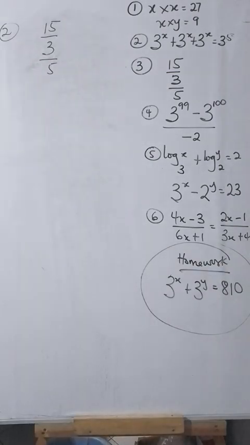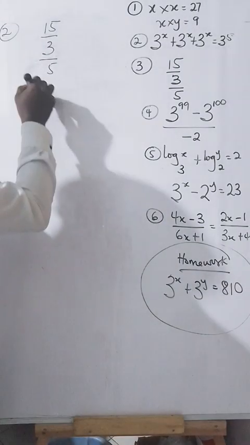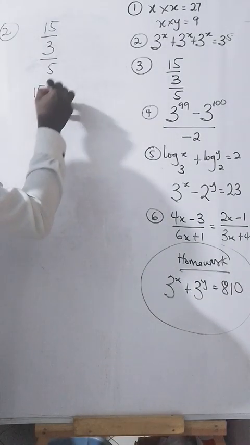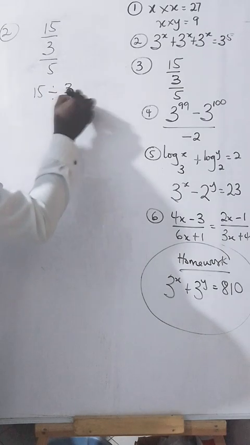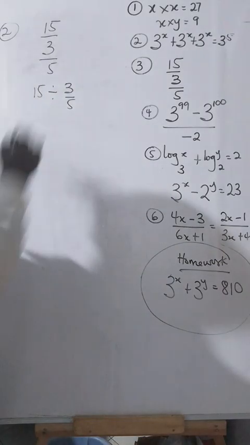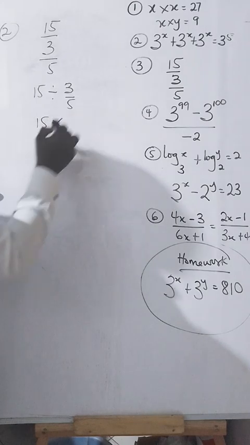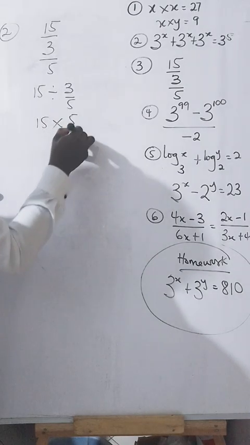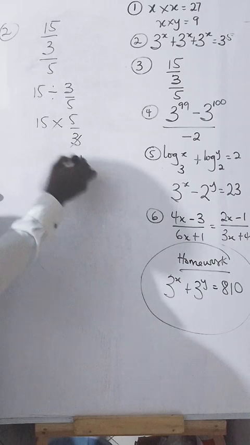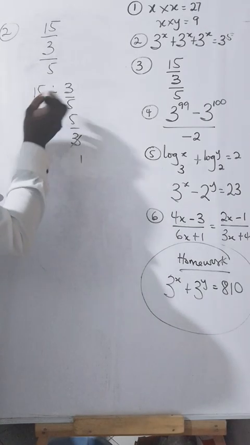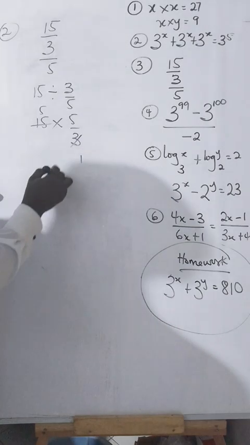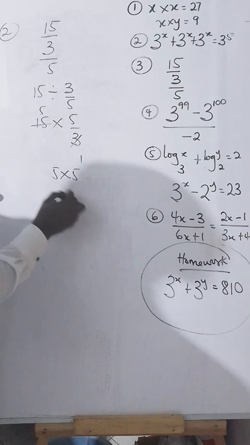So the right way of working it is 15 divided by 3 on 5. So you have 15 times 5 on 3. So 3 here, 1 here. You have 5 by 5, which is 25. As simple as that.